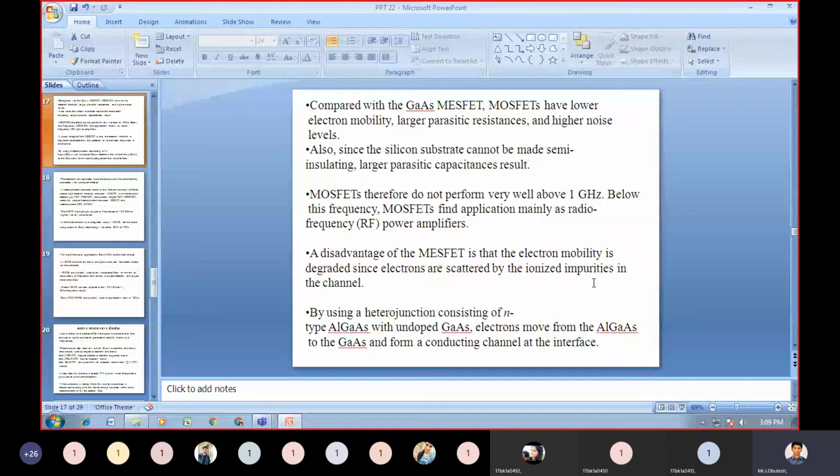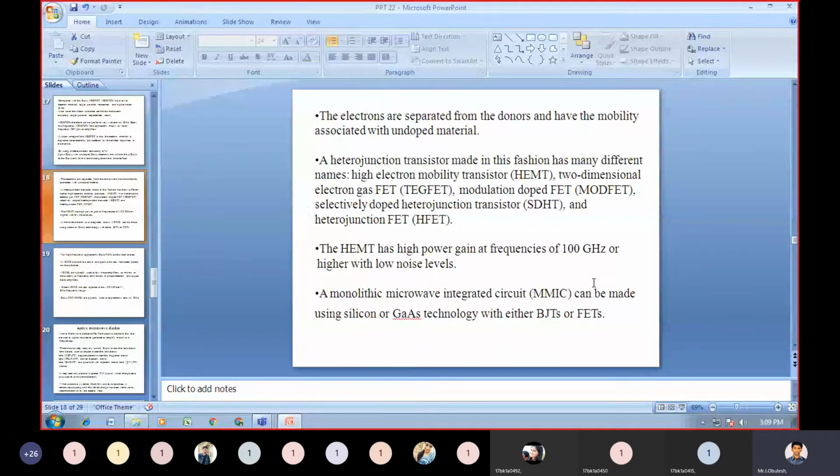By using the heterojunction consisting of N-type aluminum gallium arsenide with undoped gallium arsenide, the electrons move from aluminum gallium arsenide to the gallium arsenide, which forms a conducting channel at the interface. The electrons are separated from the donors and have the mobility associated with undoped material.